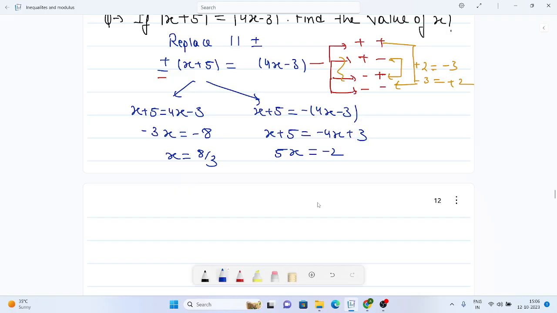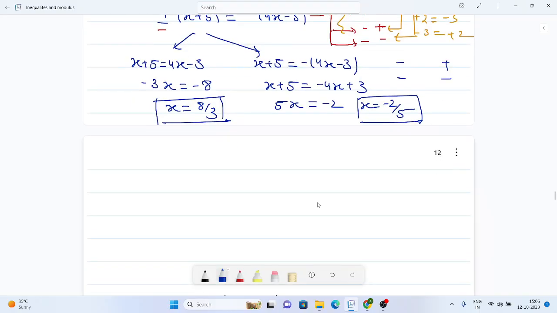So you get x equal to minus 2 by 5, right? Or if you want to do with minus plus and minus minus, you try at your home and you tell me you get the same result.